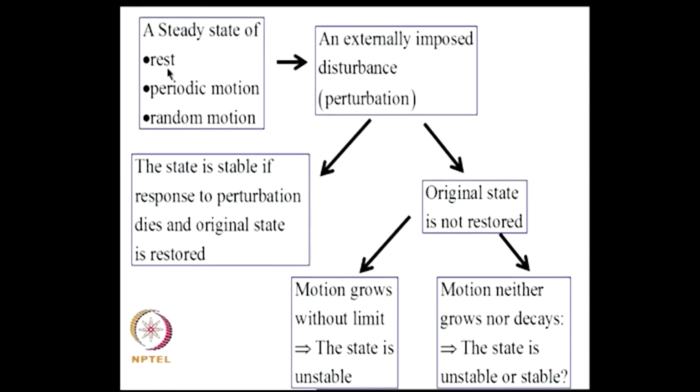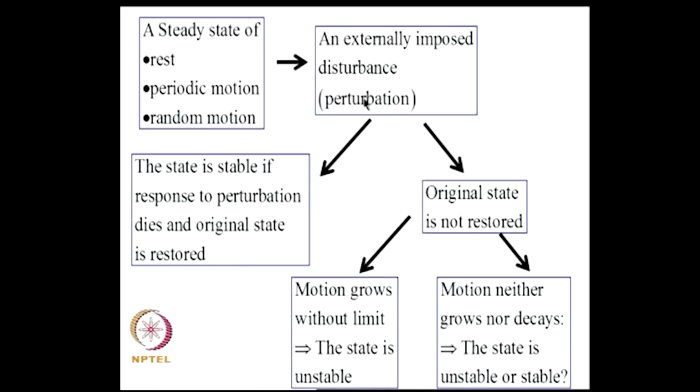Now, in the subject of stability of structures, we basically consider certain states of the system, which could be a state of rest or a state of periodic motion, or it could as well be a state of random motion. The idea here is we ask the question: what happens to these states if we perturb them by a small perturbation? Such perturbations can occur in engineering practice for various reasons.